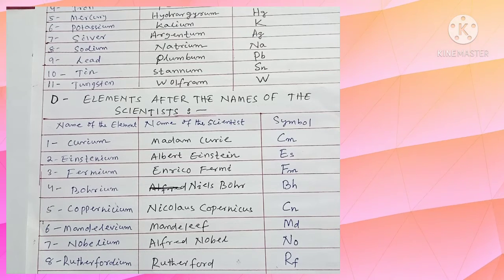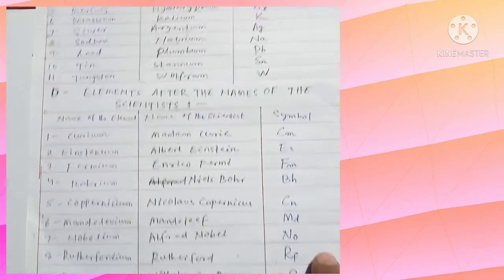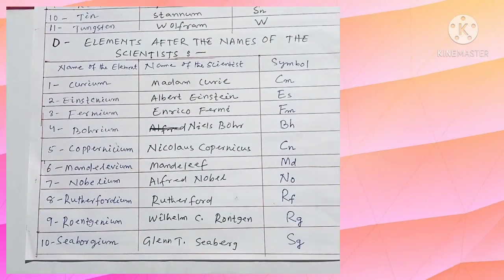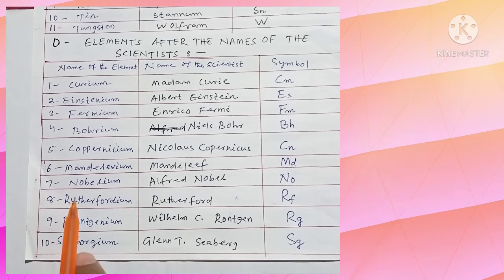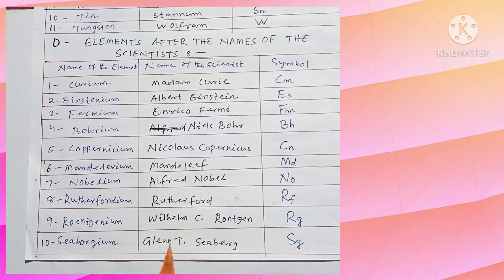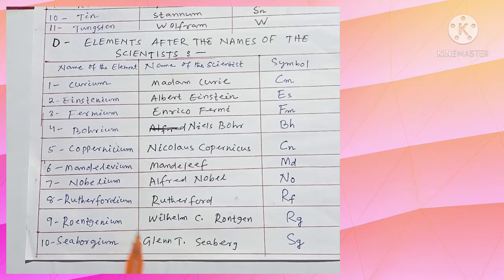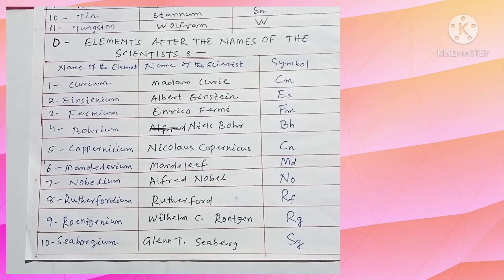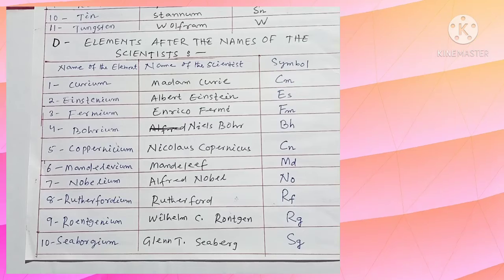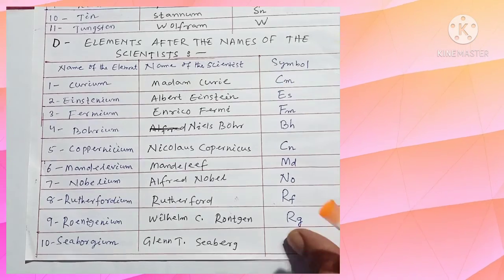Similarly, fermium, Enrico Fermi, Fm. Röntgenium, Röntgen, Rg. Nobelium, in respect of Alfred Nobel, No. So, in respect of a few prominent scientists, the names of a few elements have been given with a symbol like this.